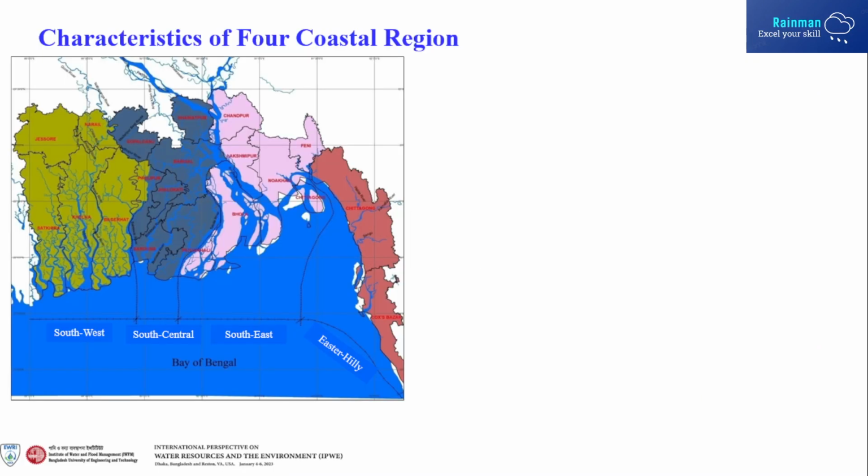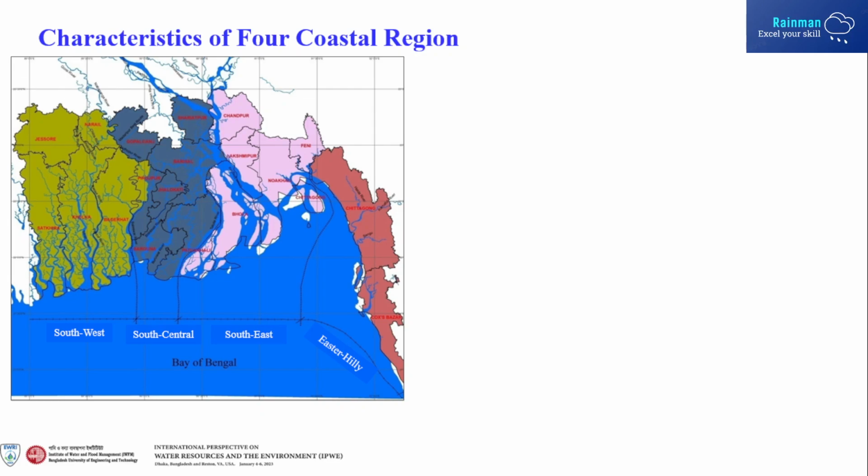So our coastal region can be subdivided into 4 categories, and these are Southwest, South Central, Southeast, and Eastern Hilly region. Each region has unique characteristics or some common characteristics.